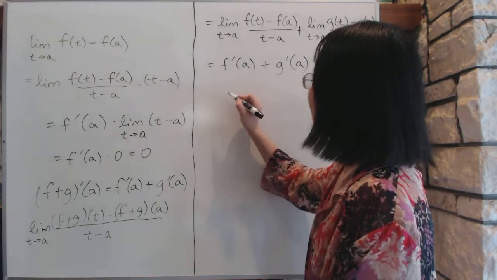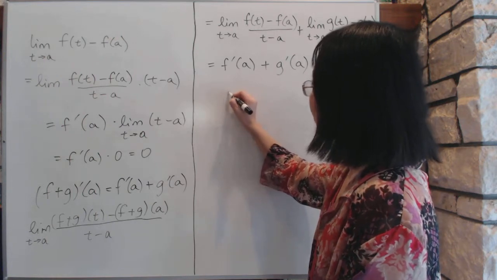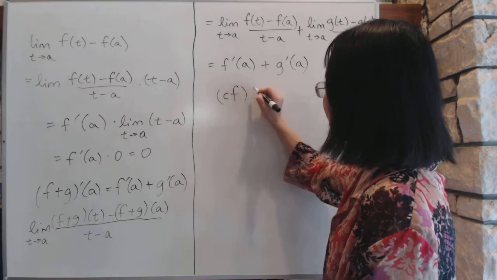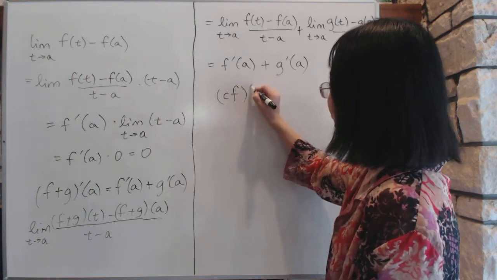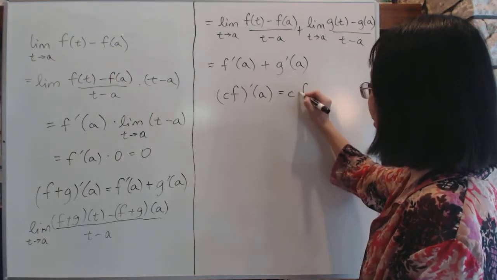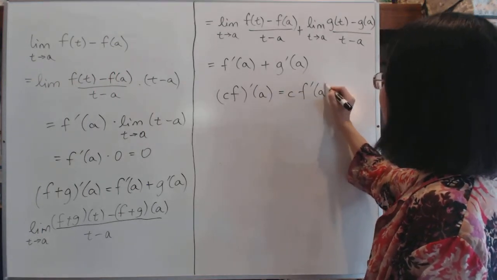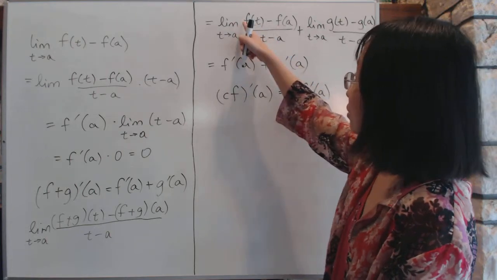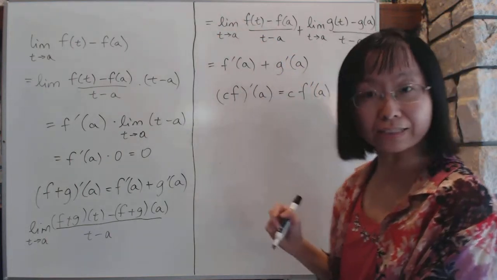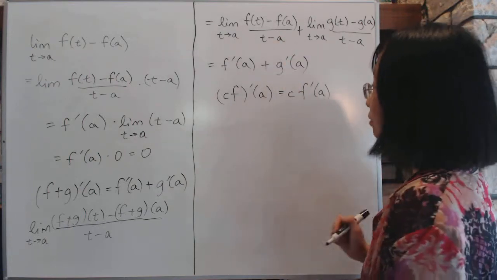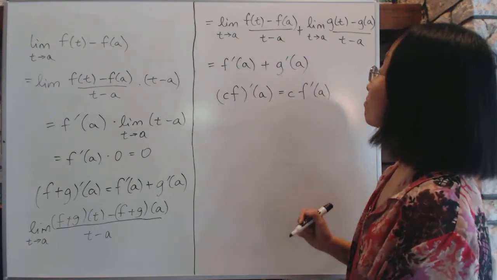And similarly, for this reason, the derivative of cf, that is, a constant times a function, is the same as simply taking the constant out. The proof is very similar, because you can take a constant out of a limit without changing anything. So that's why this works with a constant as well.